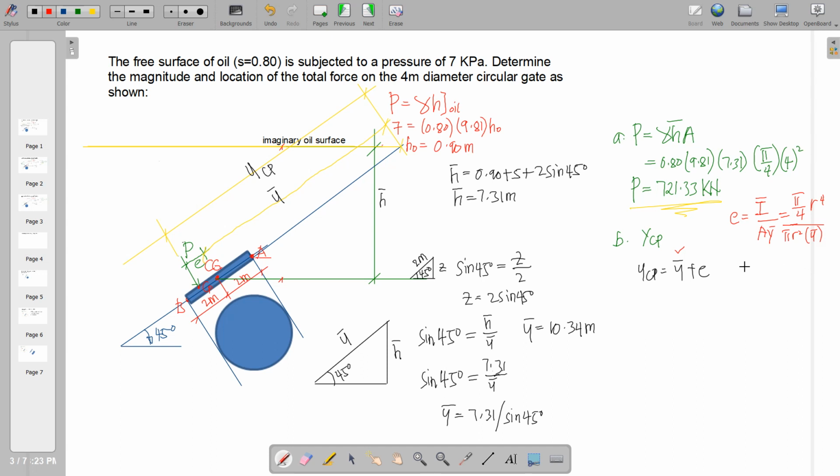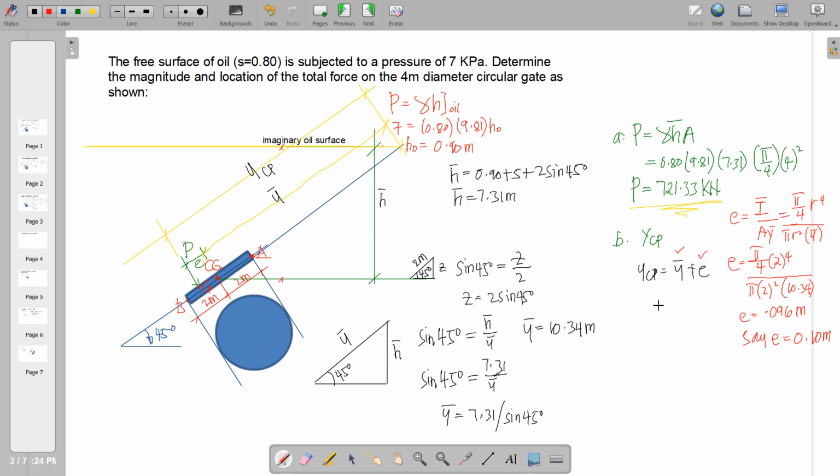So we substitute the given: pi over 4 times 2 raised to 4 divided by pi 2 raised to 2 times the computed Y bar 10.34. So that would yield 0.096, or we can round that to 0.1 meter. So therefore, we are done with this one.